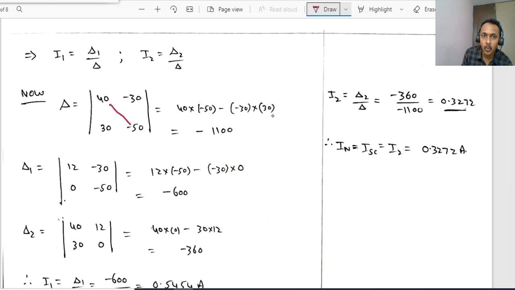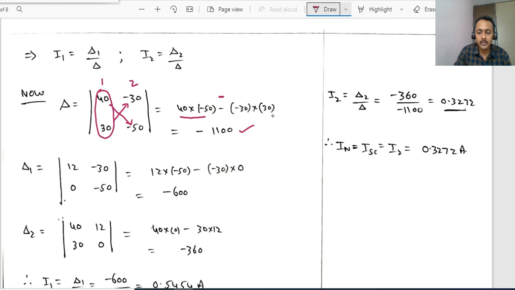So 40 into minus 50, minus 30 into 30. We will get the delta value as minus 1100. While finding delta 1, just remove this first column, 40 and 30. This is the first column, this is the second column.